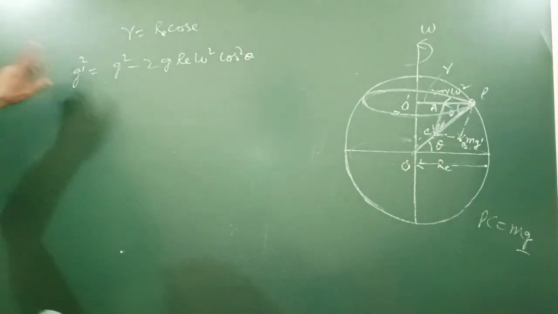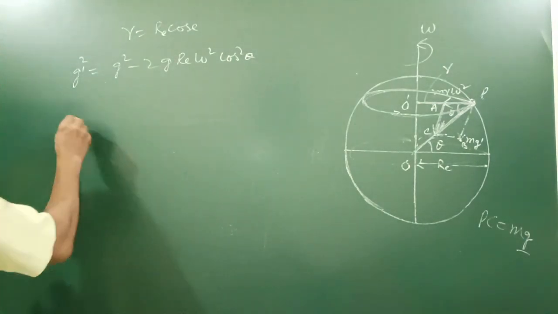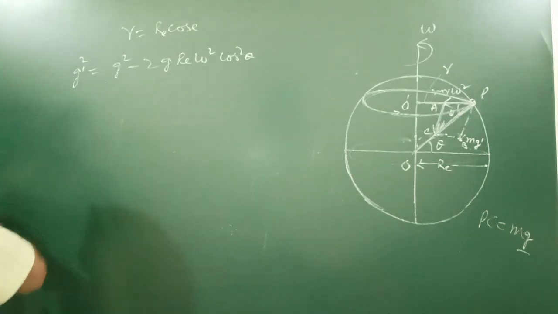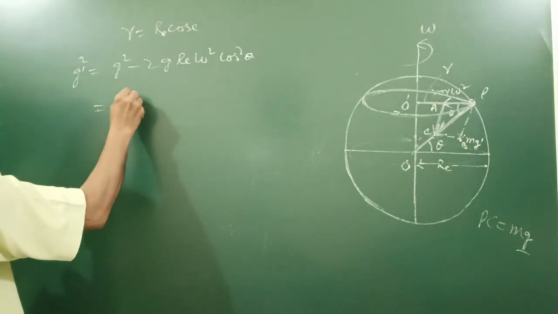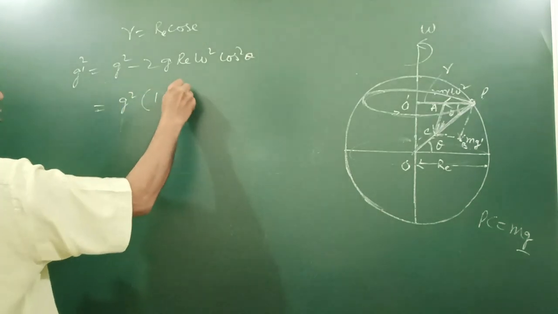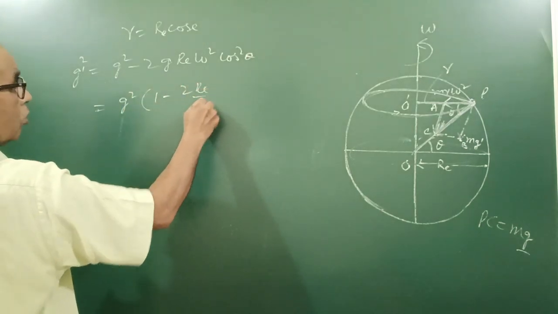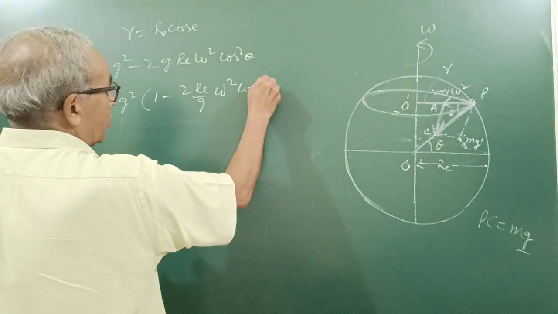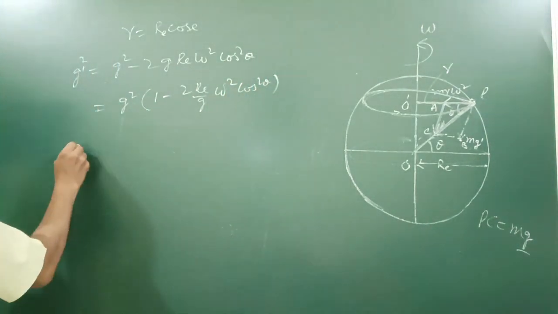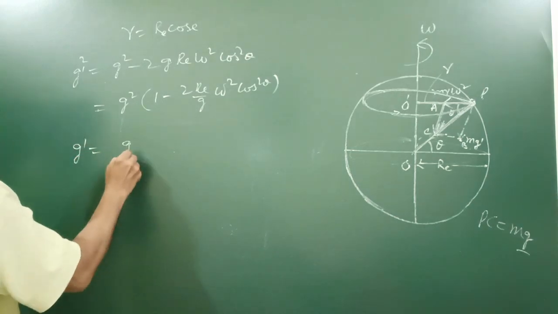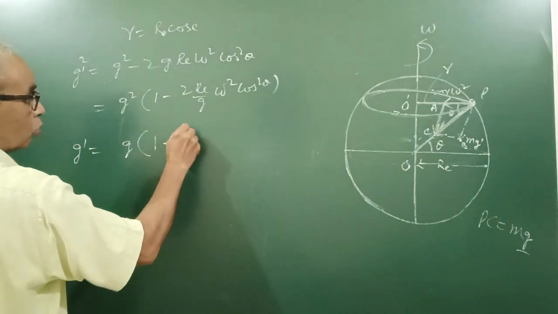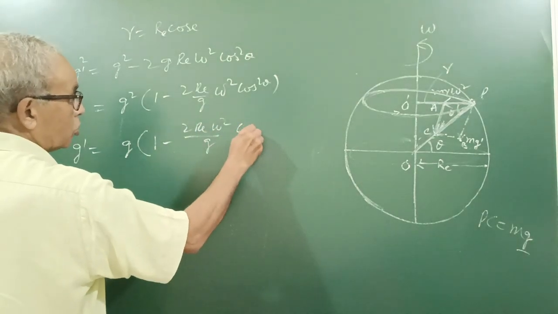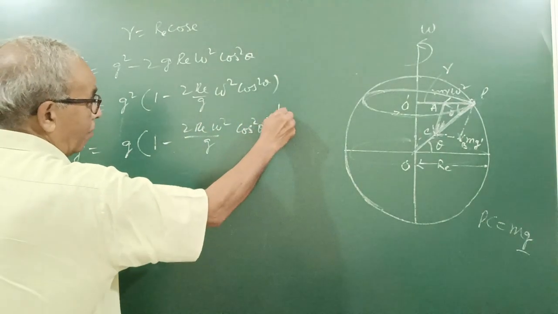We have to find out g dash, not g squared. So g dash equals, let me take g squared common here, 1 minus 2 R e upon g into omega squared cos squared theta. And hence g dash equals g into 1 minus 2 R e omega squared upon g cos squared theta, to the power half.